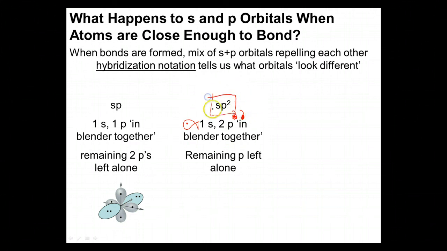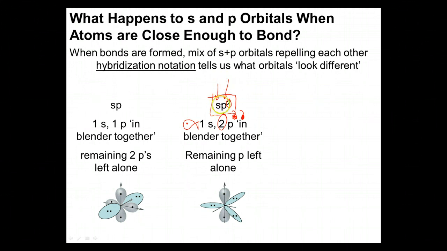So these sp2 hybrids are going to result when we take an s orbital and 2 p orbitals, mix them in our blender together, and leave the remaining p orbital totally alone. We're going to get a total of 3 orbitals because we had a portion of s orbital, we had 2 portions of p, so we have a total of 3 portions when we pour them back out.